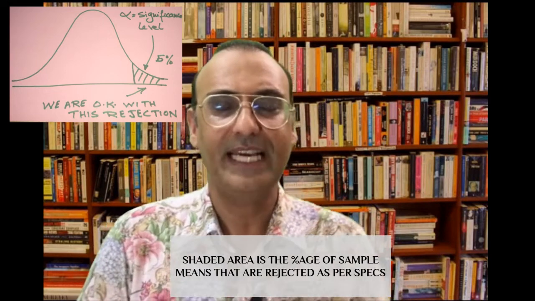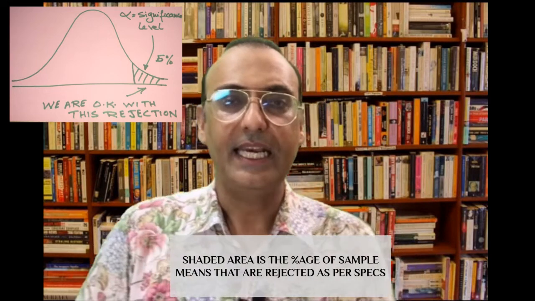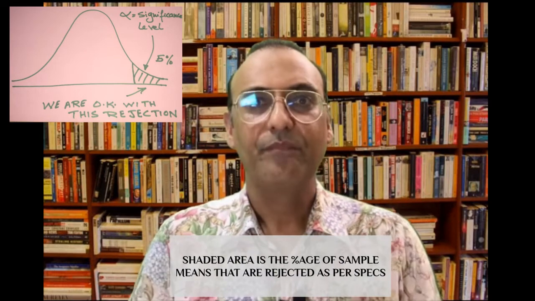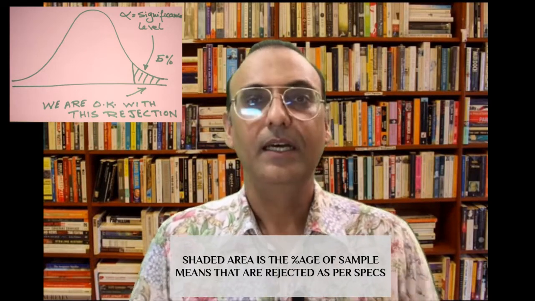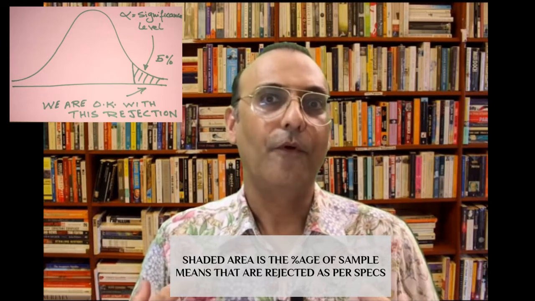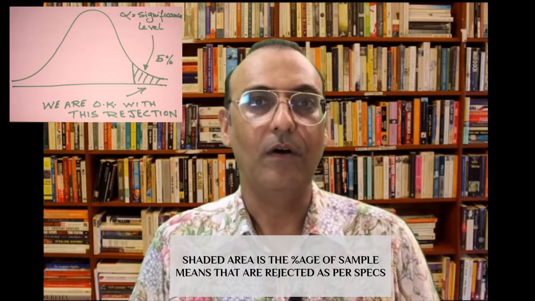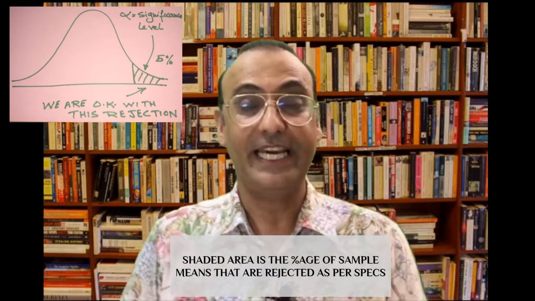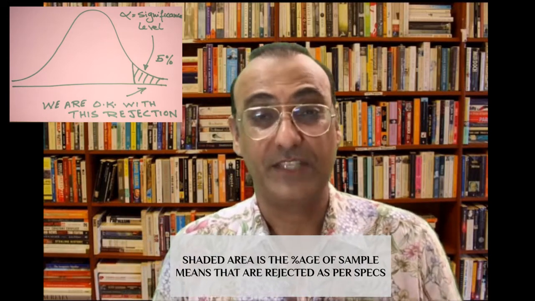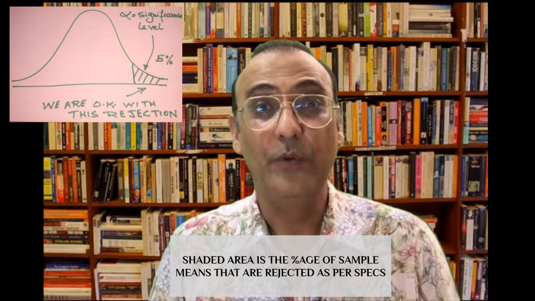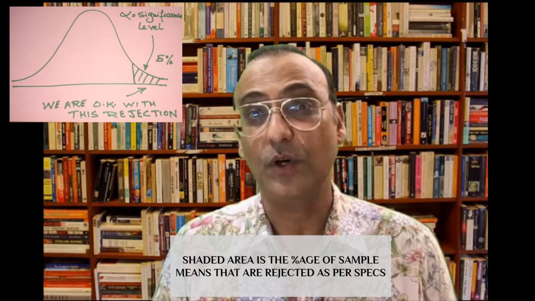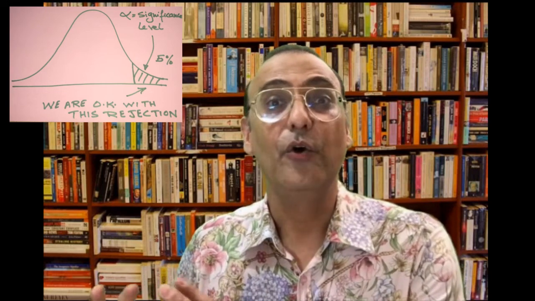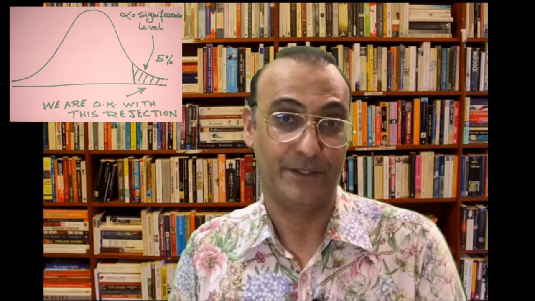Level of significance is the percentage that the industry is okay with for sample means that are coming in the rejection area. So if we take the significance value as 5%, this means we are okay with 5% of the sample means lying in the rejected specifications.